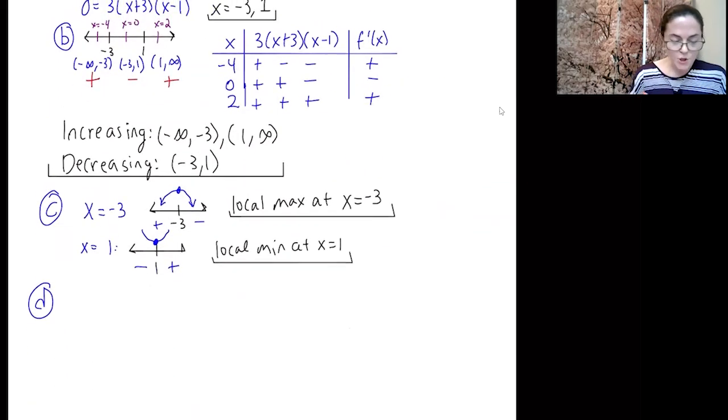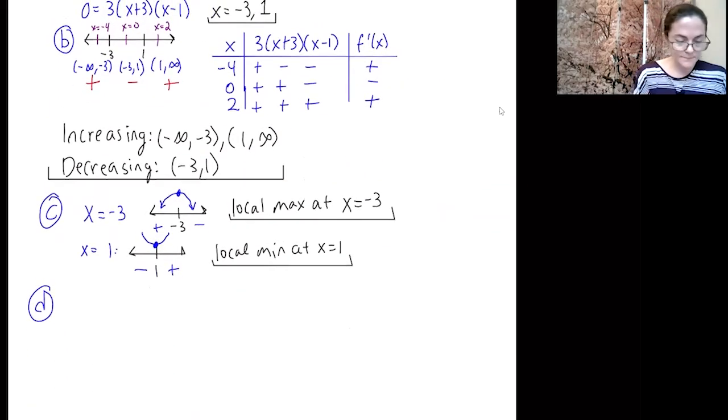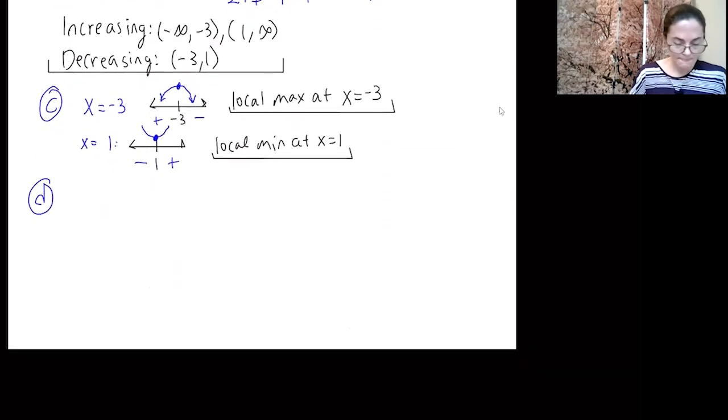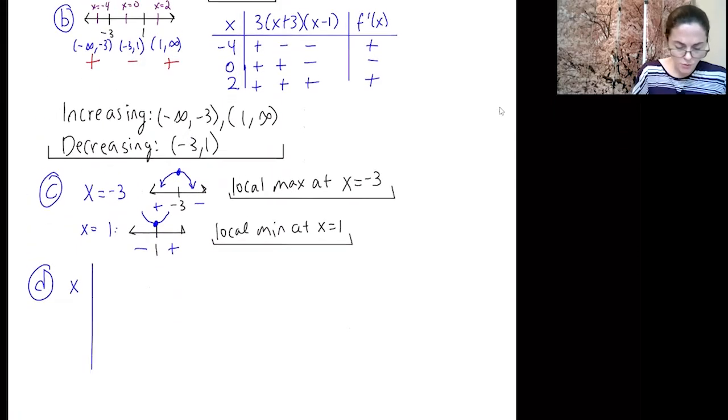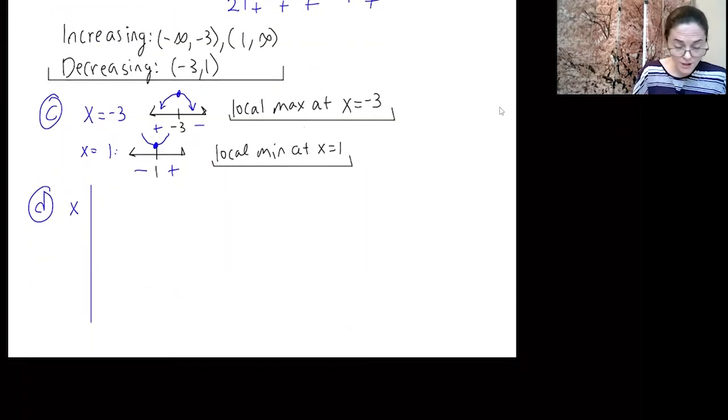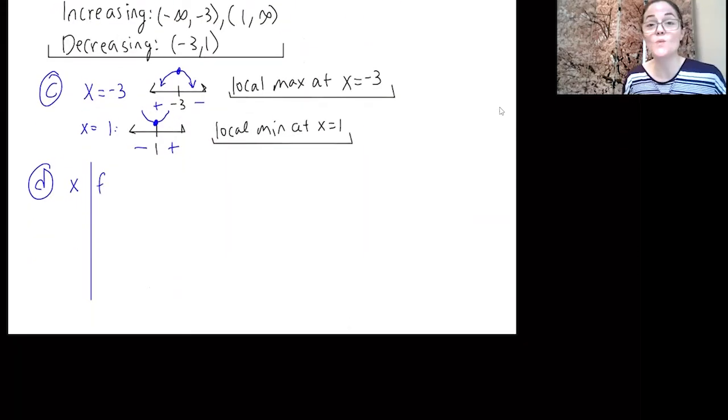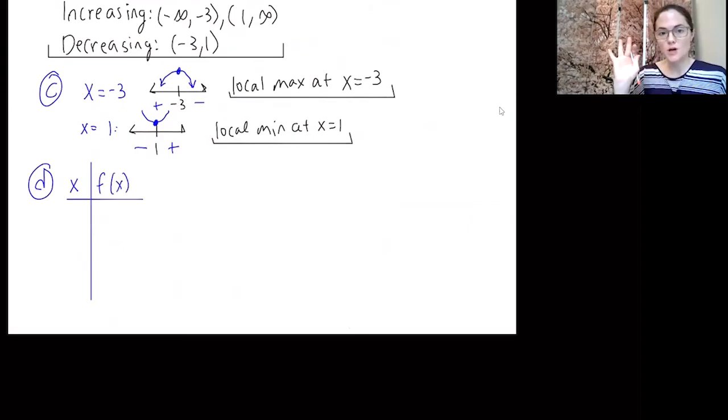So what we want to do is we make a chart where we have x, and then the original function, f of x. This is the y value. And what x values do we put in the chart?